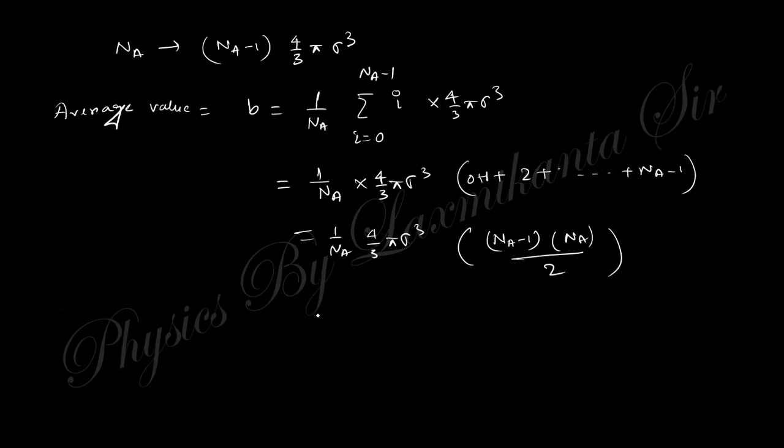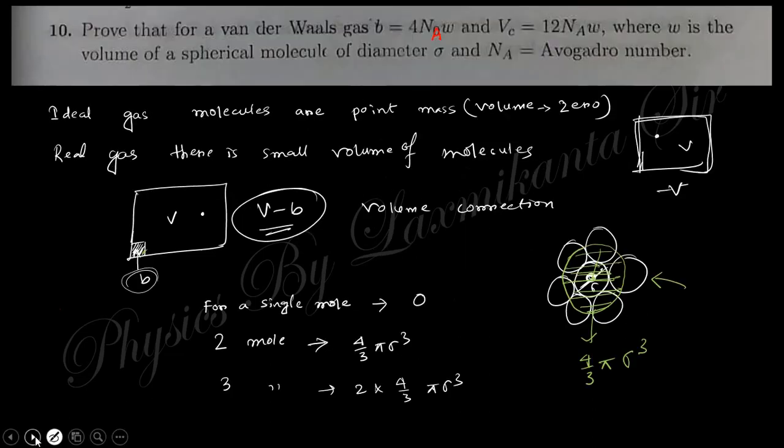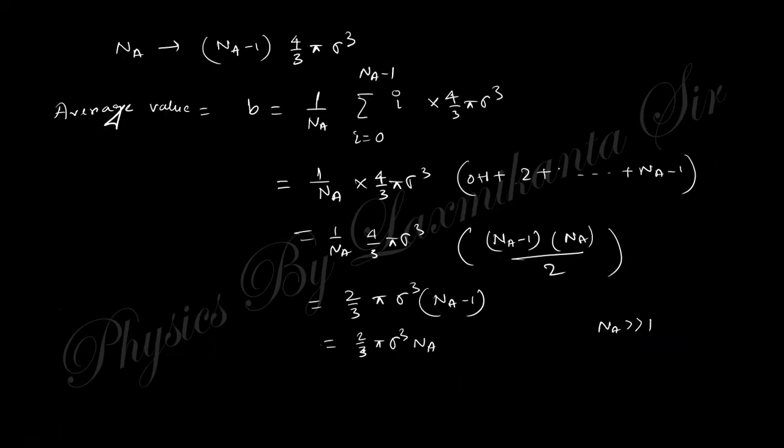Okay, so Na cancels out, 2 cancels out, and we get 2/3 pi sigma cubed (Na minus 1). Since Na is very much larger than 1, you can take this as sigma cubed Na. But the volume of a molecule omega is 4/3 pi (sigma by 2) cubed.